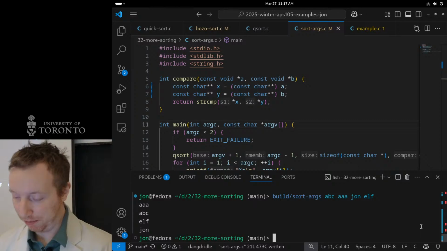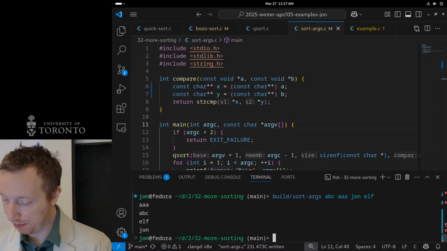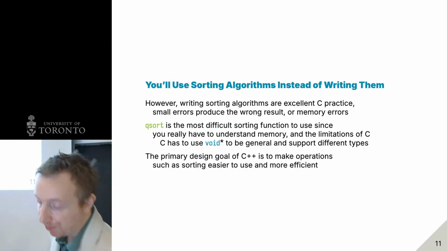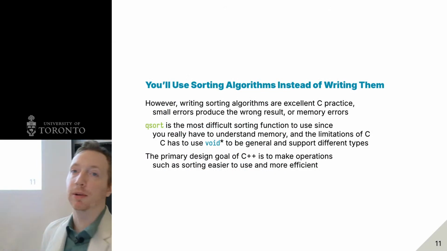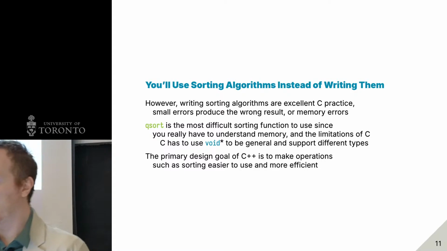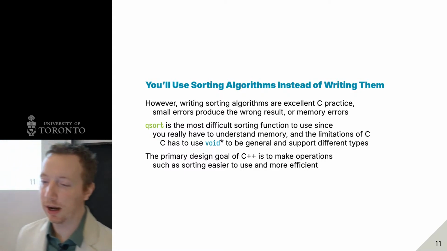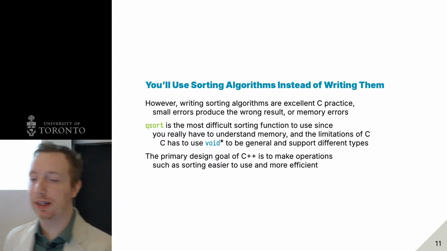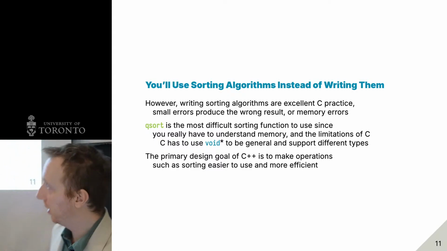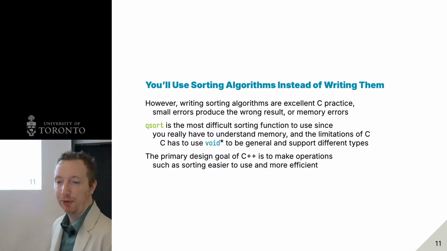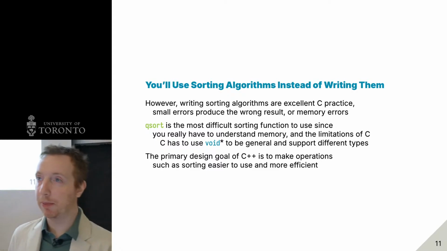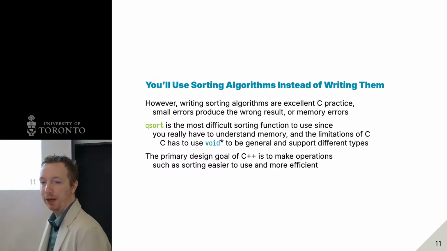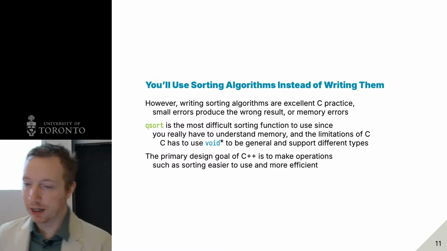Yeah, this whole lecture is kind of a random aside, because we are kind of ahead. Most of the time, you will use sorting algorithms instead of writing them. Writing sorting algorithms is good practice in C, but because small errors produce the wrong result or memory errors, everyone has lots of fun debugging segmentation faults and things of that nature.